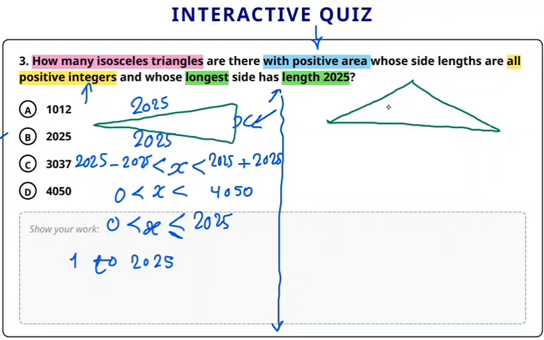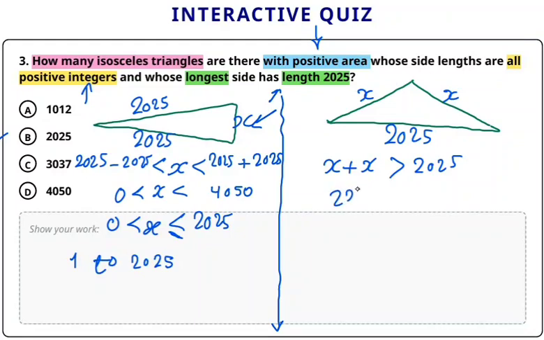In the second case, we consider the longest side 2025, and the equal sides are x. If you remember the triangle forming condition, the sum of two sides in a triangle should be greater than the third side.